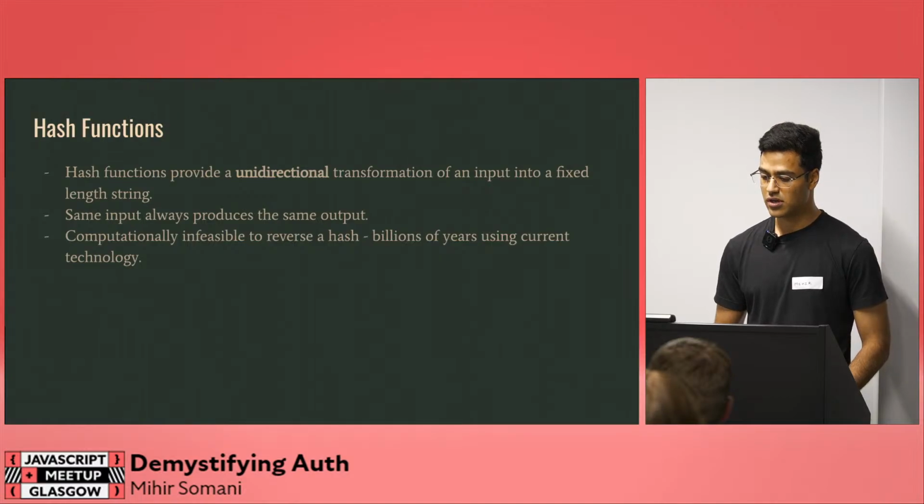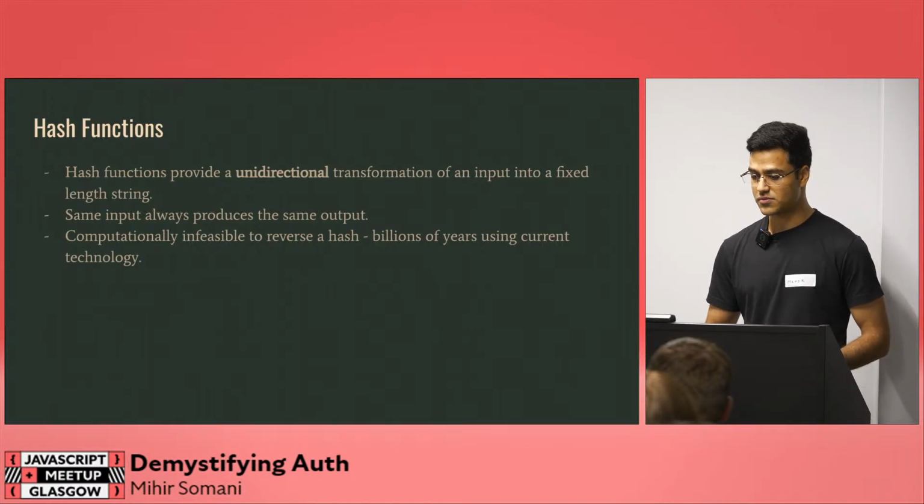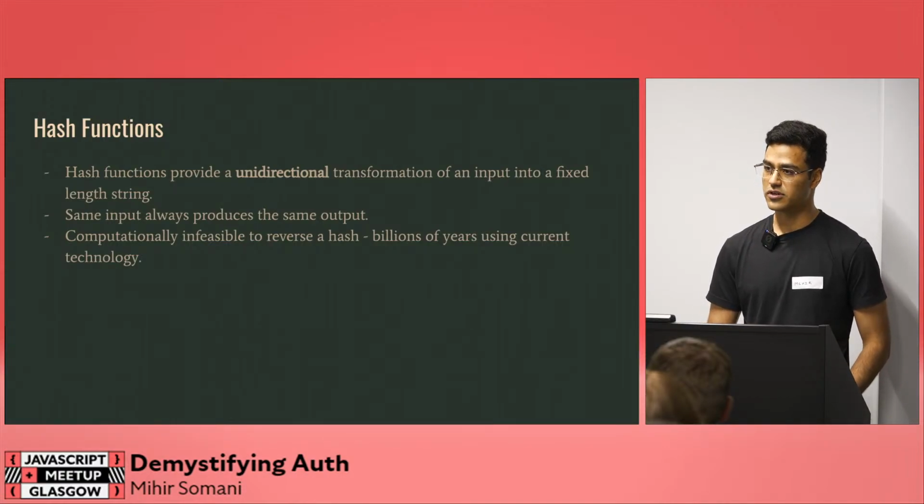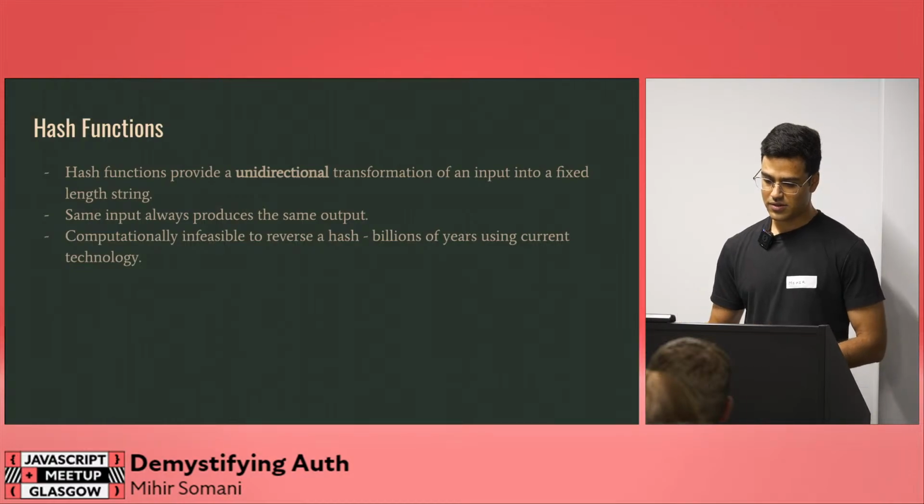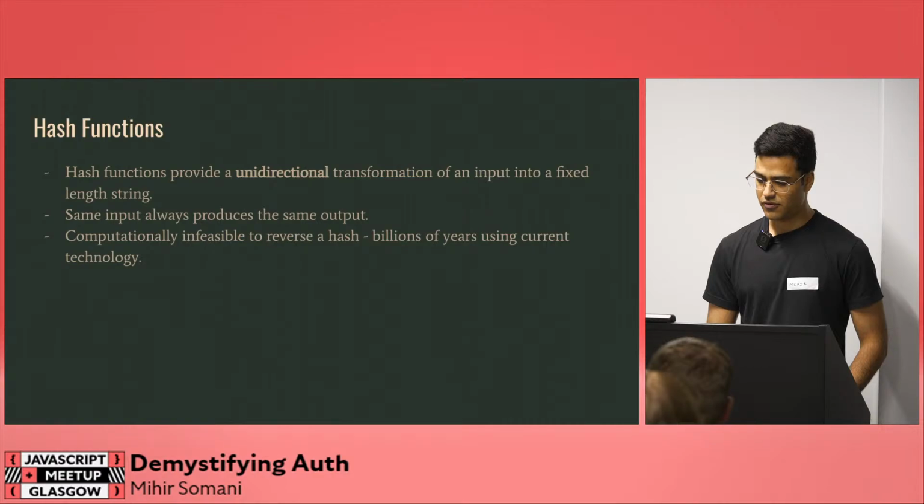The computers that we use today are not fast enough to reverse a hash in the other direction. That's why we call them unidirectional. Not because it's impossible, it's just it will take you billions of years. There are things about quantum computers that could break certain hashes, but we're fine for now.